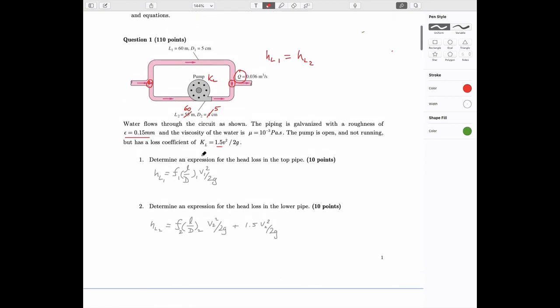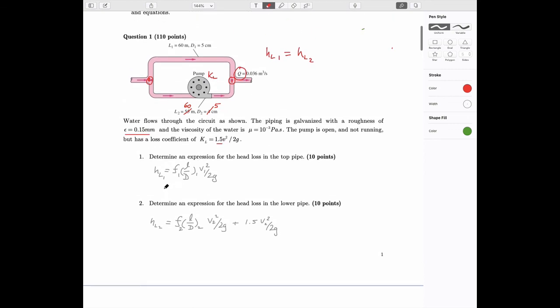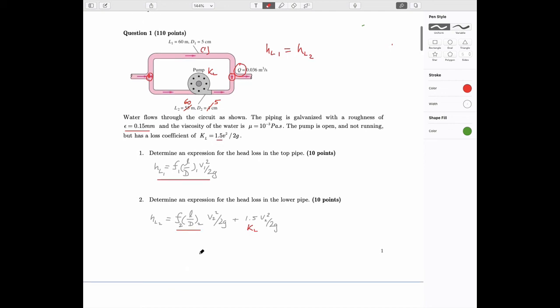So what's the head loss in the top pipe? Well, certainly we can do that. It goes through pipe number 1, and it's equal to the length of the pipe, diameter of the pipe, velocity squared. The head loss in the lower pipe is exactly the same, but written for the lower pipe, but with this minor loss within it as well. So those are the two head losses.